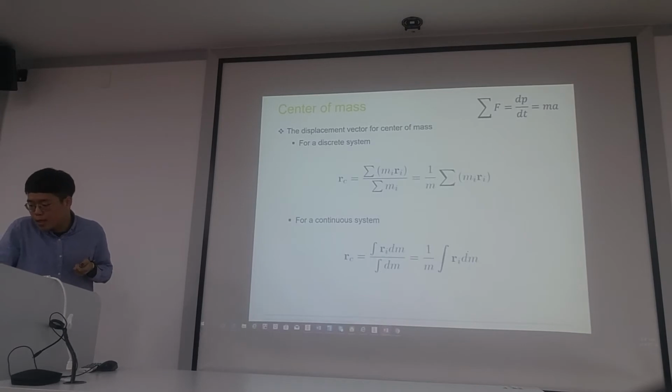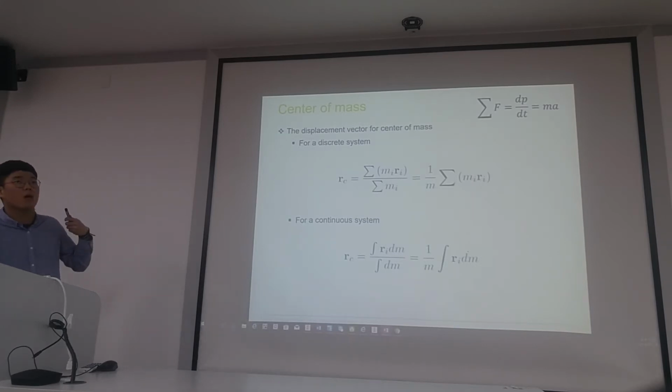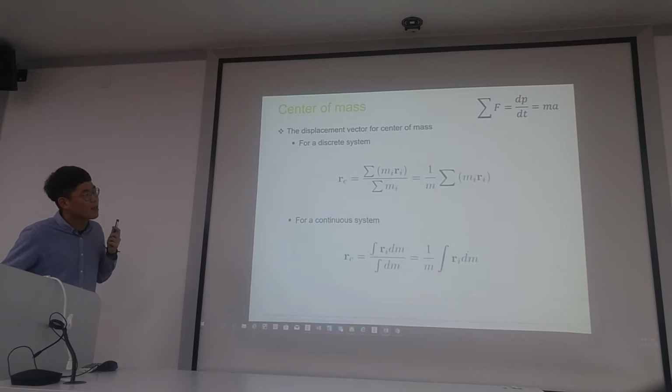The center of mass is defined as the summation of each mass multiplied by its displacement vector, over the total mass. If you think about the weighted average concept in statistics, you can easily understand the center of mass. For a discrete system, we calculate from summation, and integration is conducted for a continuous system.